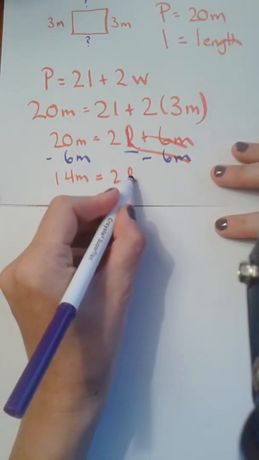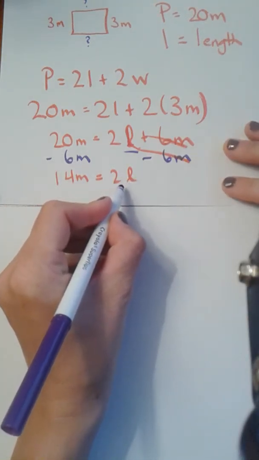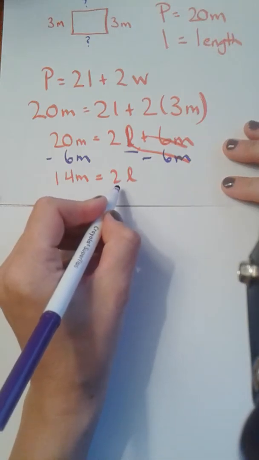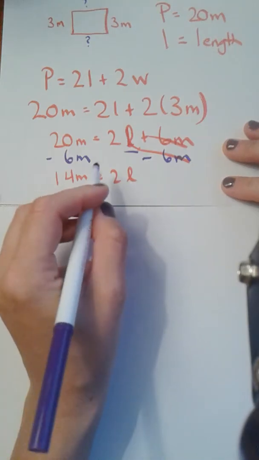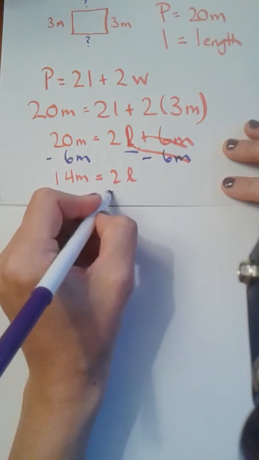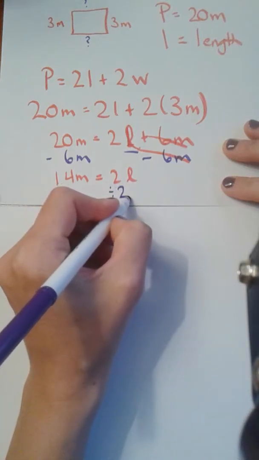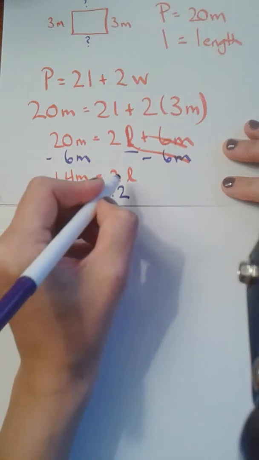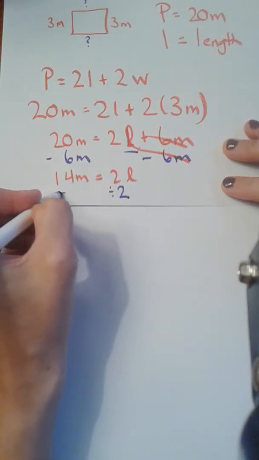So we have 2 multiplied by L. What do I need to do to this to get the L all by itself? Well, I'll use the opposite of multiplication, which is division. So I divide this by 2, and I do the same to the other side.